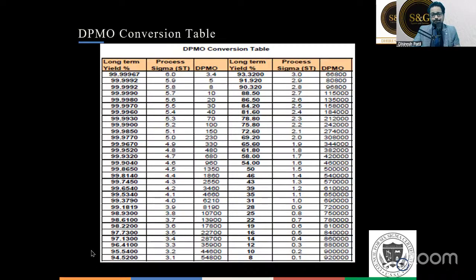Now, there is a formula also you can use. Just make a note of this. If you have Excel, you can just type this formula: NORMSINV of yield plus 1.5.